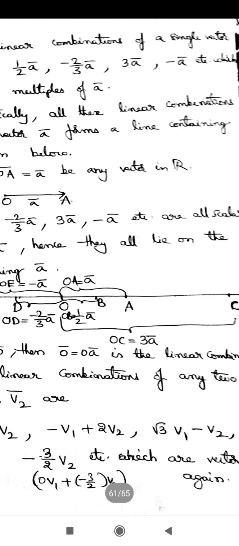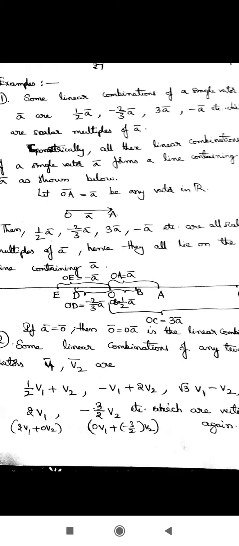So 0 bar is equal to 0 A bar, the linear combination of A bar when A bar is 0 bar. Even for a 0 vector, we can find the linear combination with multiple 0 for A bar. So 0 A bar is a linear combination of A bar which is equal to the 0 vector.